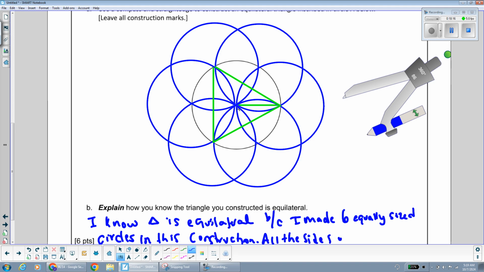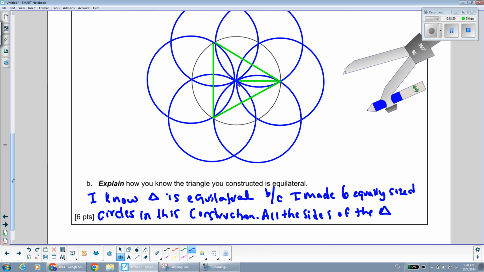All the sides of the triangle are the length of circle A's radius. Therefore, all the sides are equal.